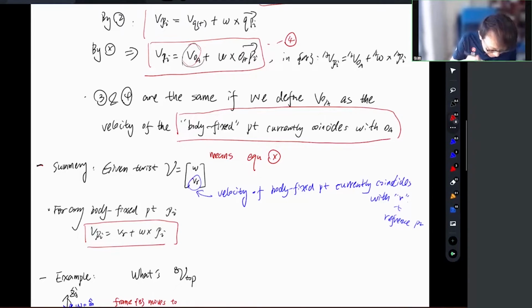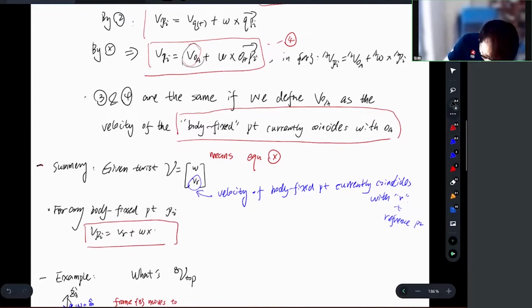To be more precise, this is from R to PI. That's a vector.